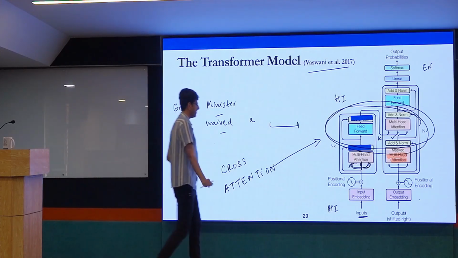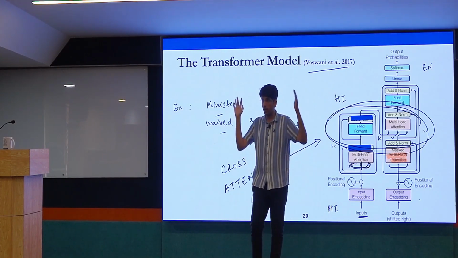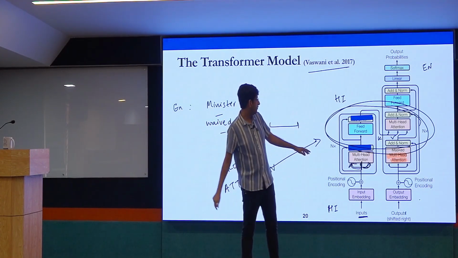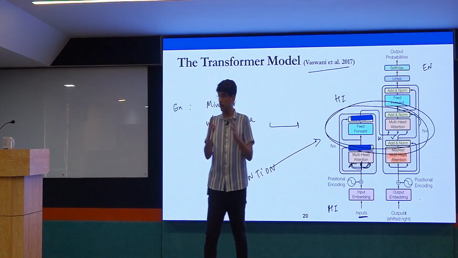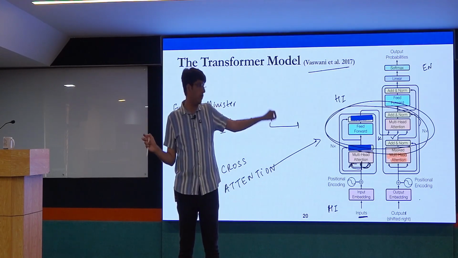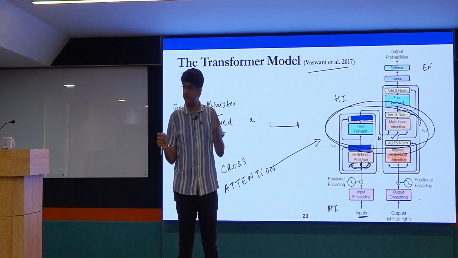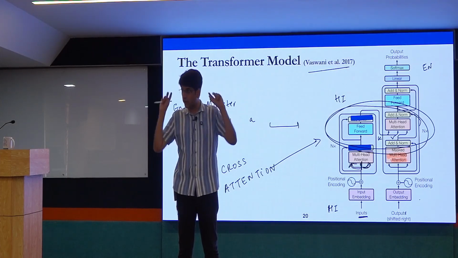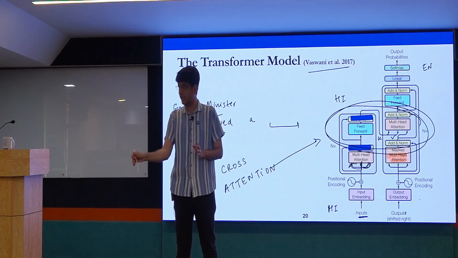First of all, the entire Hindi sequence can be processed parallelly. You have the Hindi sequence with you, so all of this can happen parallelly. You get all the queries, keys, values, everything parallelly in Hindi. Now you don't know what the output of the English sequence will be. So the very first token will be a start token, which is a hint to the model that you need to start generating.